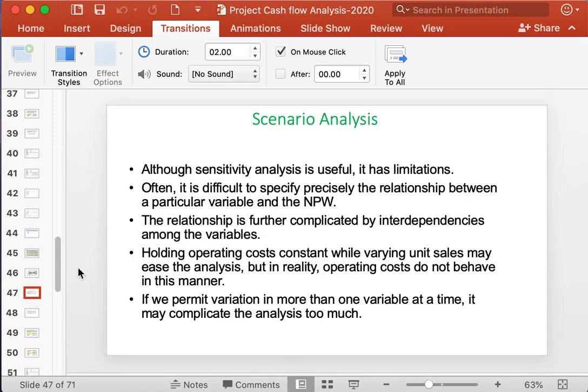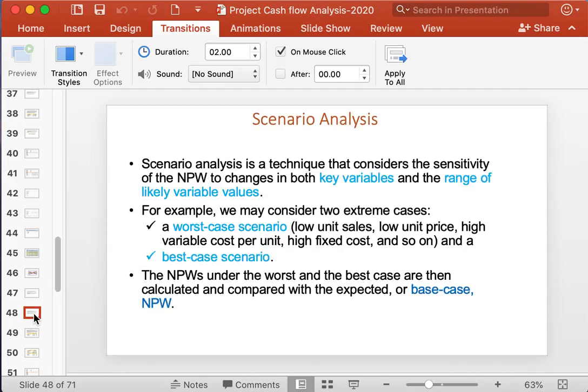So these issues are not taken care of by sensitivity analysis. So in order to take care of these issues, scenario analysis is used.